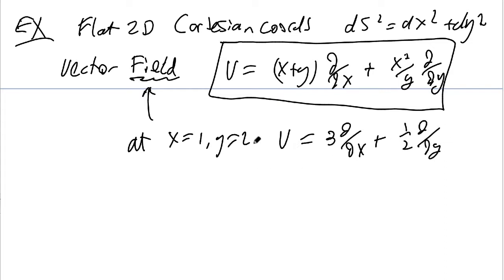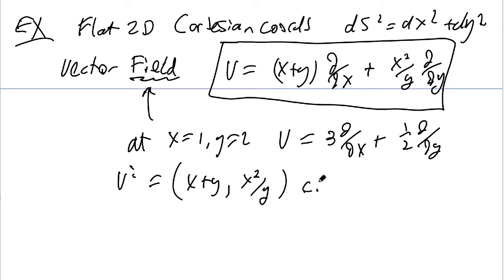Okay, and at other points in space, there will be other vectors. All right, so the components of this vector in the Cartesian basis are just the coefficients of d by dx and d by dy. So the first component is just x plus y, and the second component is x squared divided by y. These are the components of this vector field.